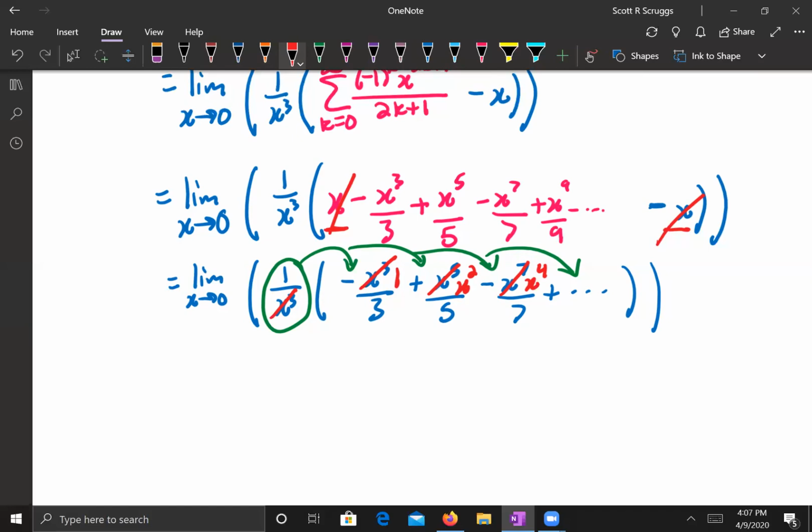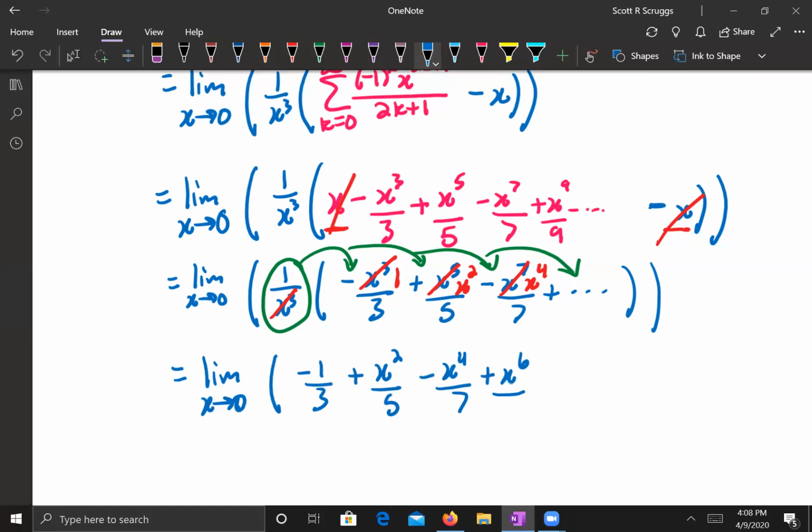The limit that I'm taking after doing all of that work gives me negative 1/3 plus x squared over 5 minus x to the 4th over 7 plus x to the 6th over 9. And the pattern's continuing like that.